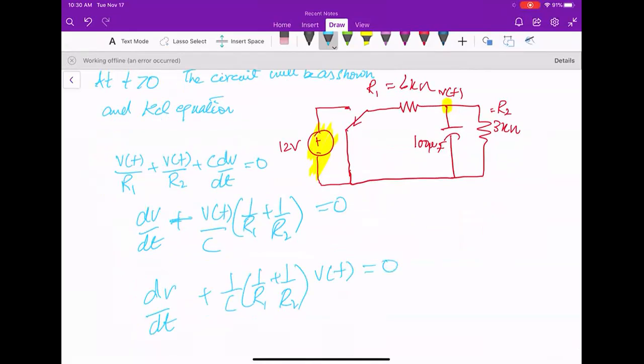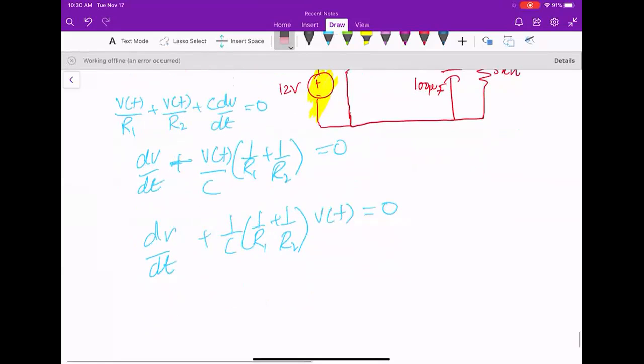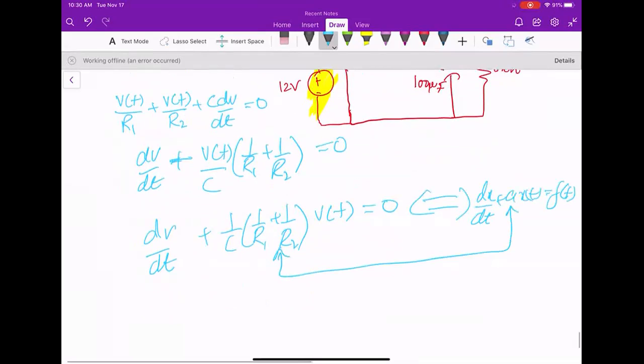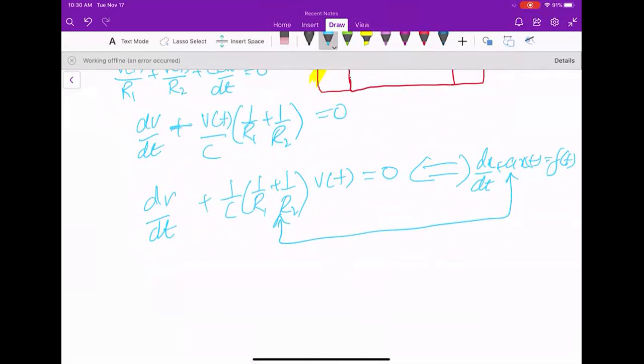Sounds good? Yep, sounds good. Right? So if I compare this, this would be my A. I can calculate this A from the given values.